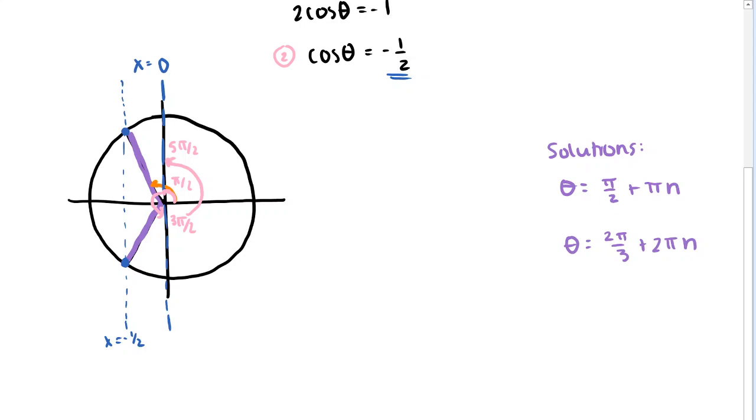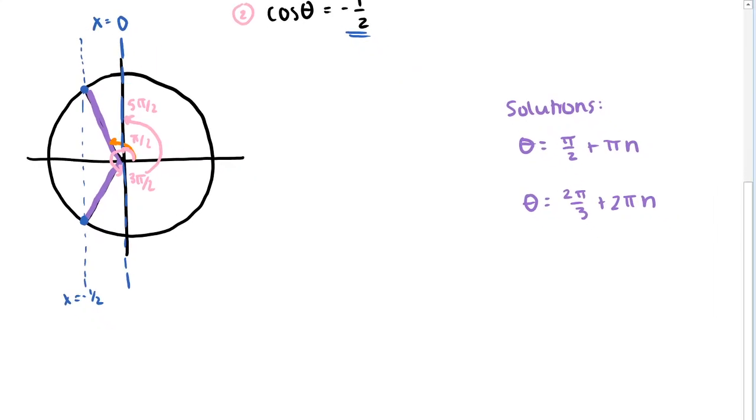And so 2 pi over 3 in the clockwise direction, that's the same as negative 2 pi over 3. And so here if we have theta is equal to plus or minus 2 pi over 3, we get that top angle and that bottom angle, and then adding on our coterminal angles of 2 pi times n, that really captures all the solutions to this equation.